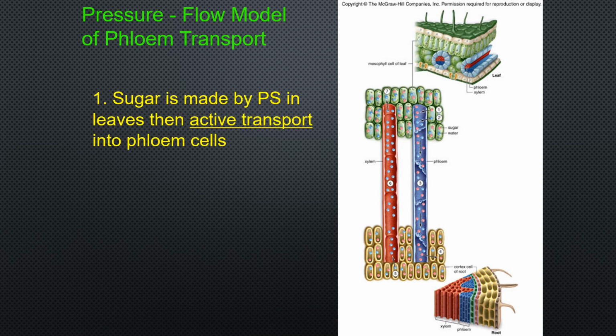So the first step is that the sugars are being made mostly by photosynthesis in leaves or in green stems. And then that sugar is actively transported into the phloem cells at those source locations.